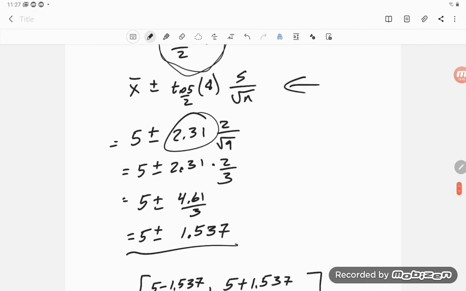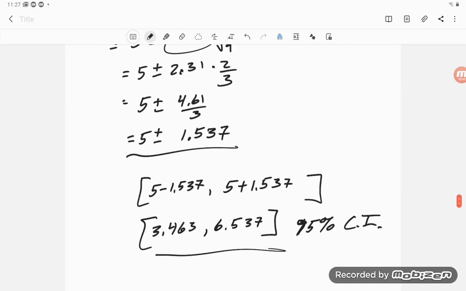Now, I said this is for small samples. We use the t-distribution, and that was anything under 30. Well, what happens if you have 50? Is it still okay to use the t-distribution? Absolutely.